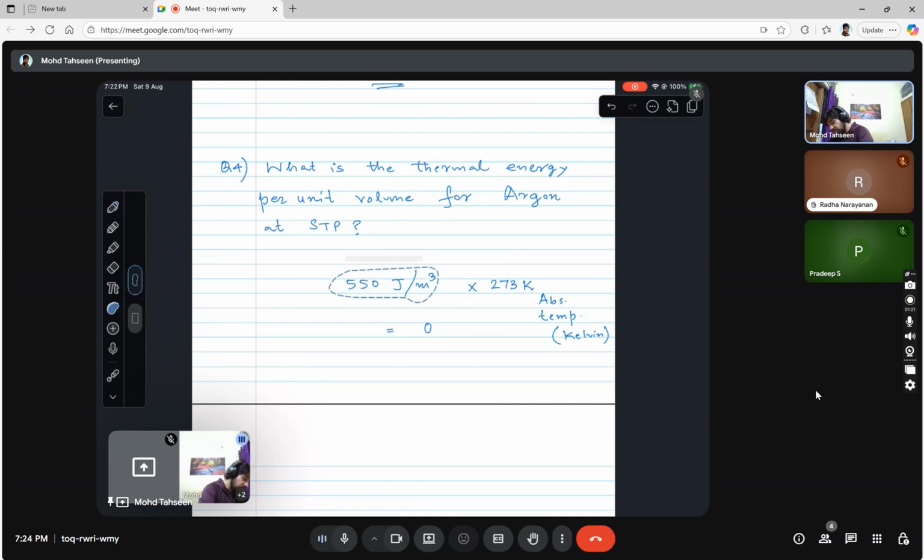And you also have one Kelvin here, right? So the Kelvin and Kelvin will cancel out, and you will get somewhere around 1.5 into 10 to the power 4, roughly around this value, joules per meter cube. Okay, this will be the answer to this question. Any doubts?